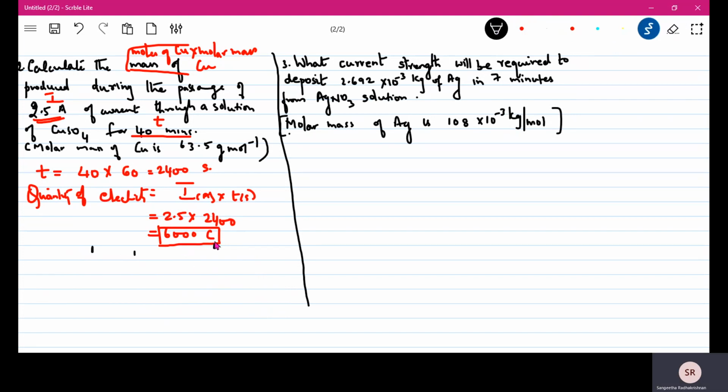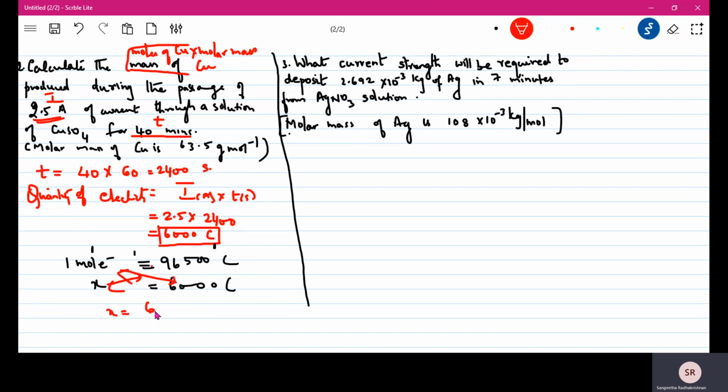Because we have 6000 coulomb, we know that 1 mole electron corresponds to 96,500 coulomb. So I am writing coulomb below coulomb, and then how many moles is it? X. Cross multiply: 1 into 6000, and whatever is in front of X will go in the denominator.